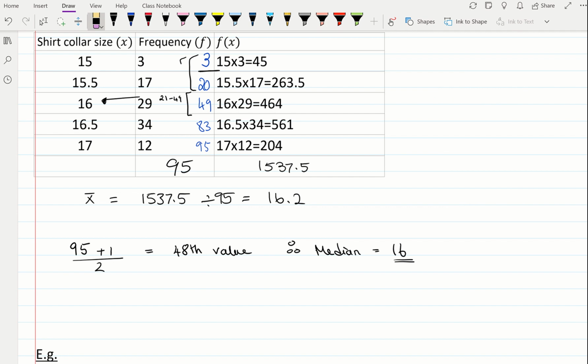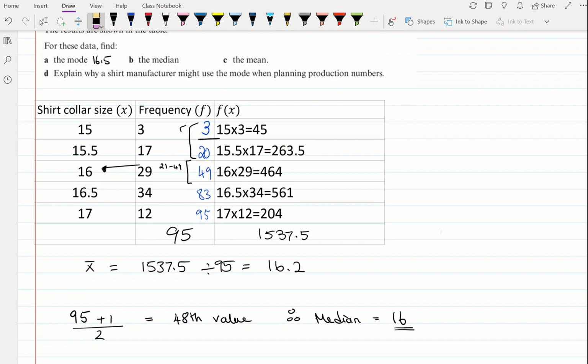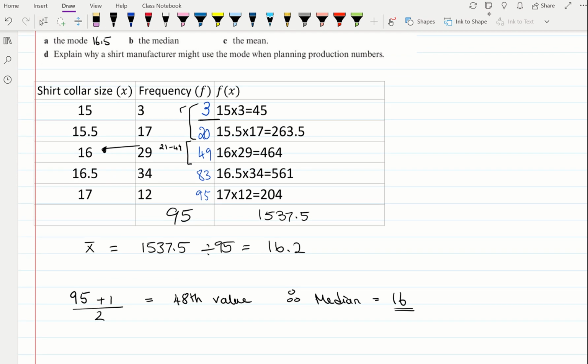So we've got the mode, we've got the median, and we've got the mean, and we want to explain why a shirt manufacturer might use the mode when planning production. Well, the mode is the most popular shirt size. That's what it means, the shirt size that is bought the most.